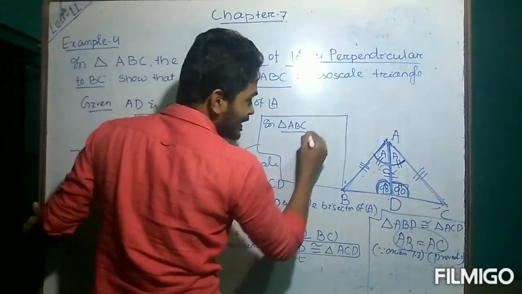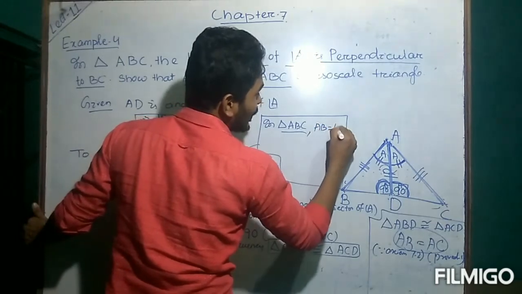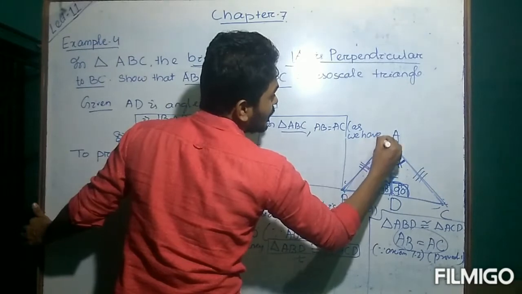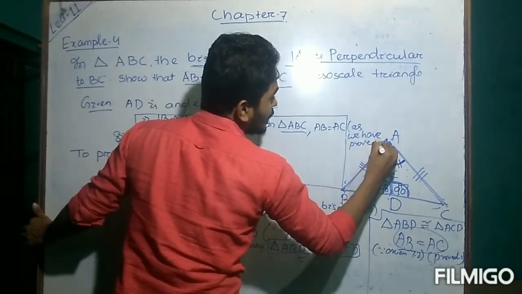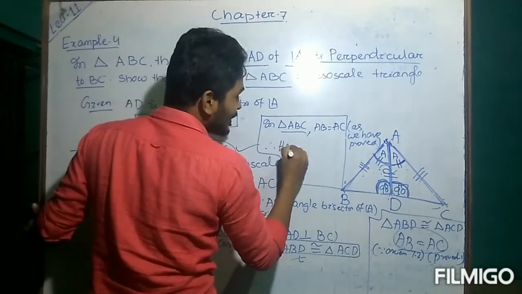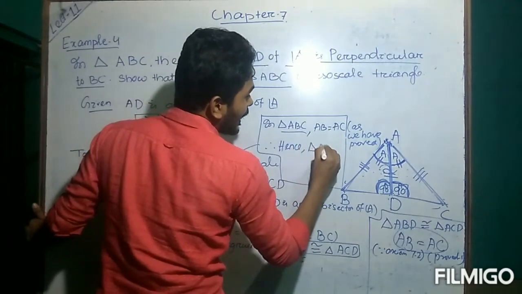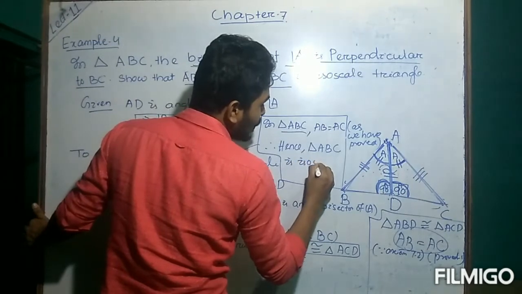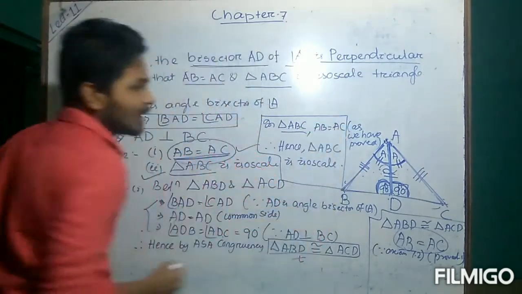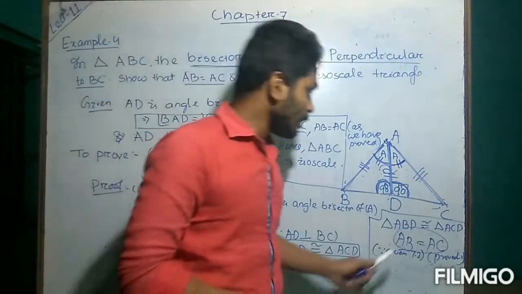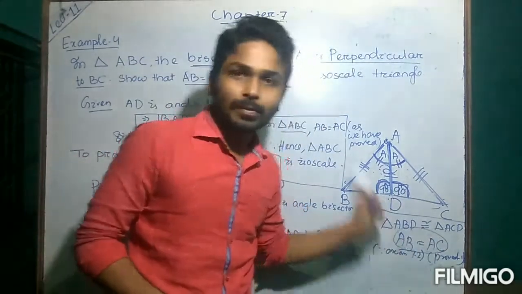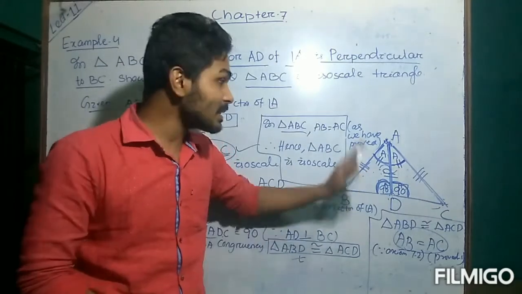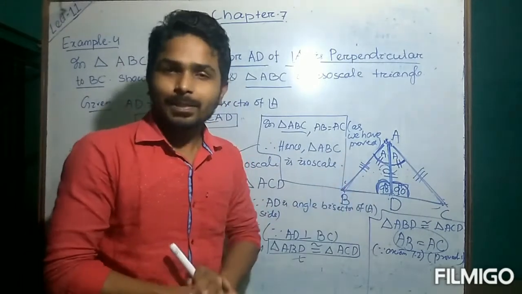In triangle ABC, AB is equal to AC, as we have proved. Hence, triangle ABC is isosceles. Is it clear? From the proof of the first statement, we have proved that triangle ABC is an isosceles triangle as it has two equal sides.